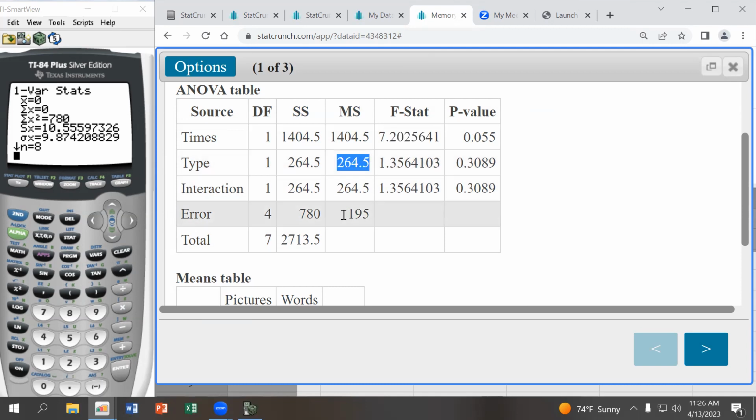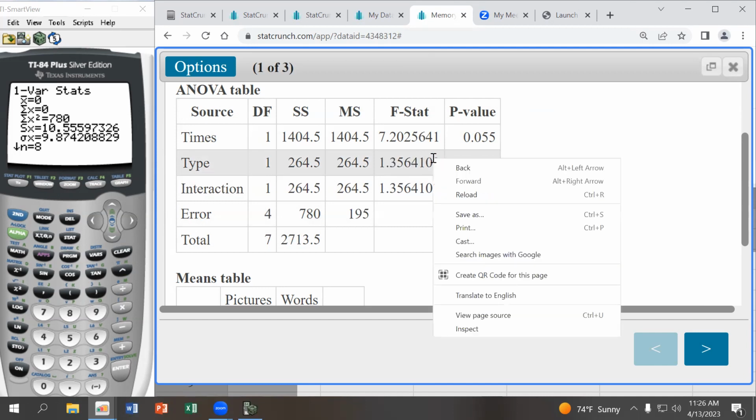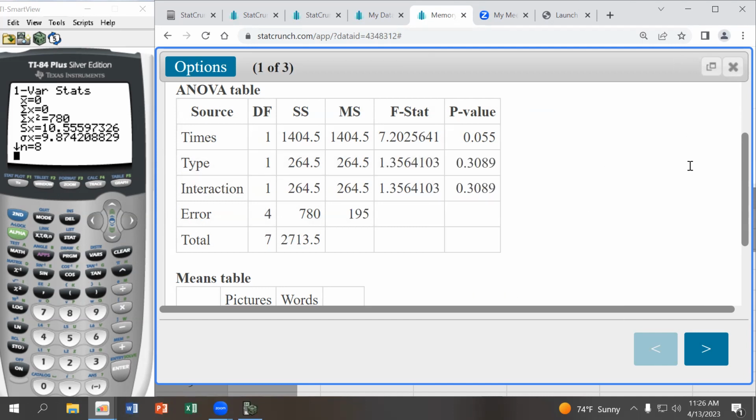The second MS divided by MS within or MS error, it should equal 1.356. Please repeat that one more time. So the first MS divided by MS error or MS within, you should get 7.2025. The next MS divided by MS error, you should get 1.356.